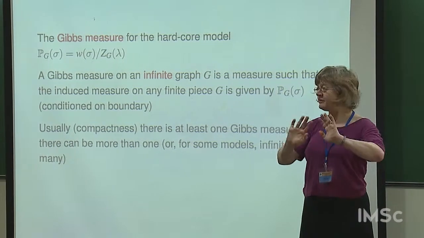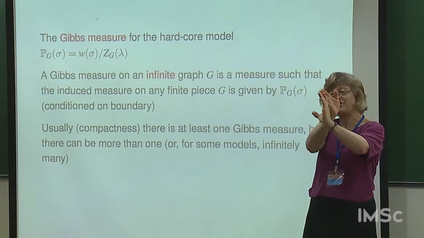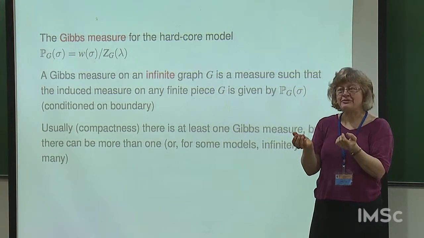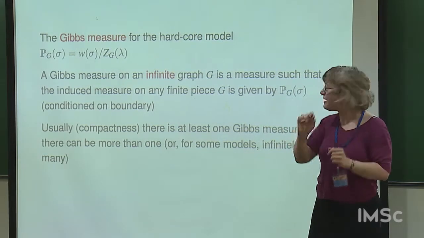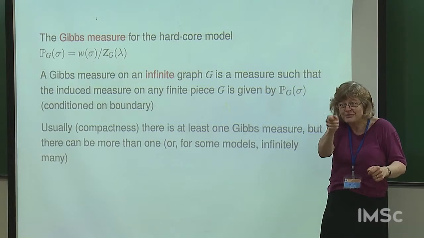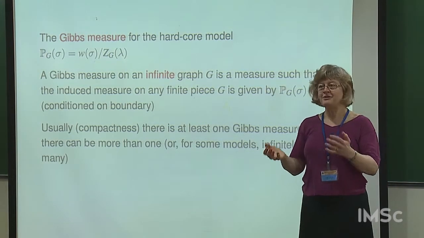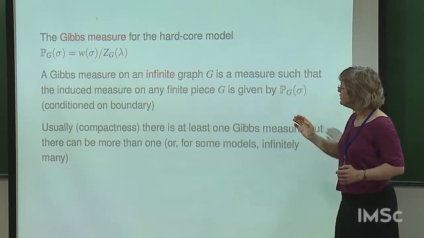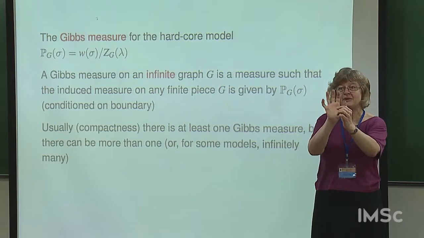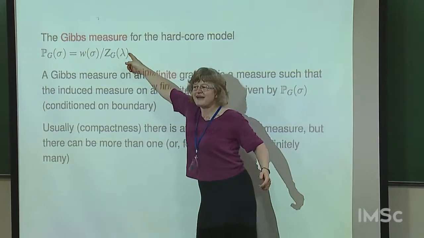Suppose you look at this infinite measure, and then you look at some finite region, some connected finite region, say. Now I want to sample the boundary of that region from the big infinite measure. So I just look at the induced measure on this finite boundary. Then let's look at the finite piece surrounded by the boundary and see what the induced measure on that is. And it's a Gibbs measure if it's exactly that.